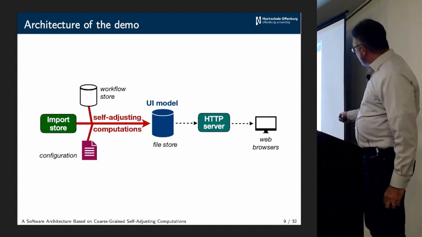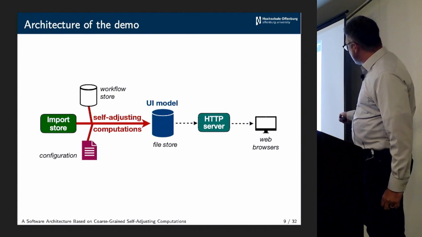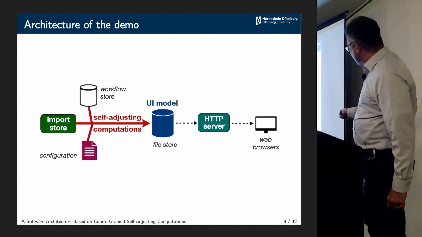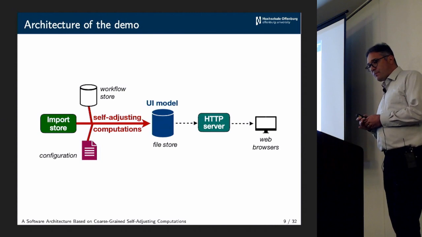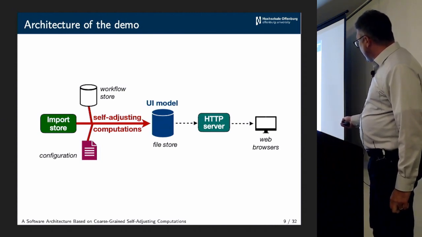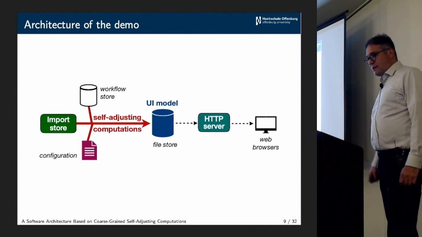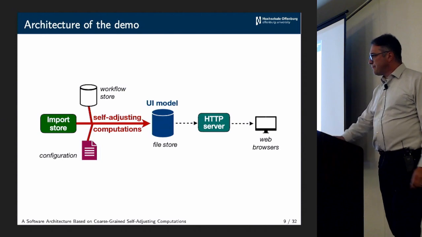These three sources of data flow into this pipeline of self-adjusting computations to produce, for the demo, directly a model for the UI. This component is called a file store. That's also some kind of event store. And then the HTTP server sends the data to the web browser.